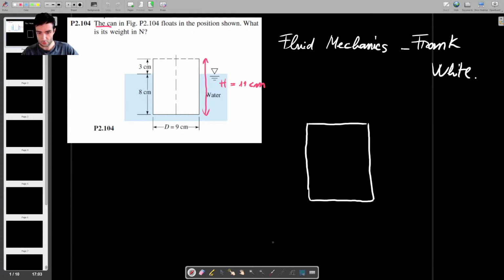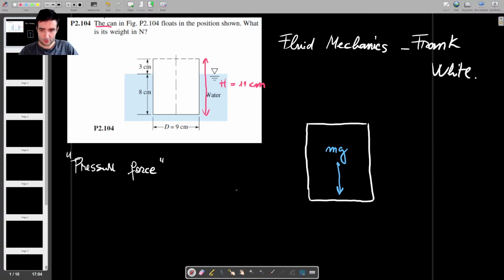On one hand, we have weight acting down like this, so this is my mg. The other thing is the force due to the pressure, so I'm going to write it here: the pressure force, in quotation marks.